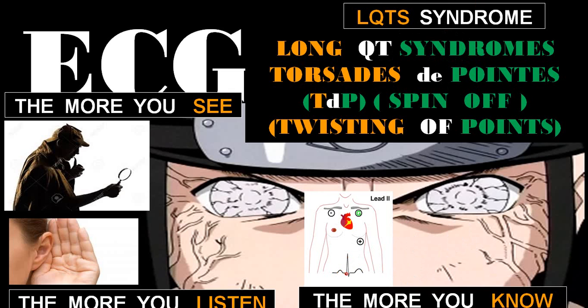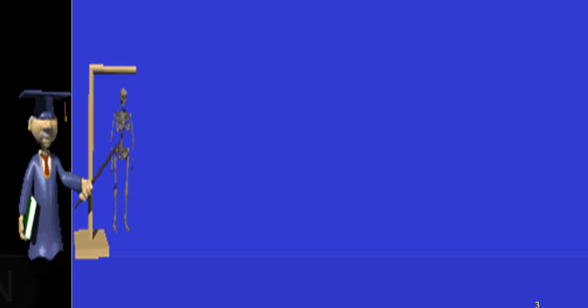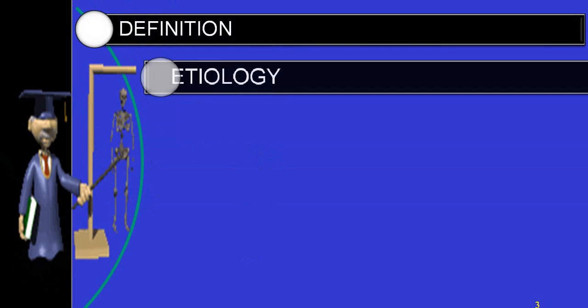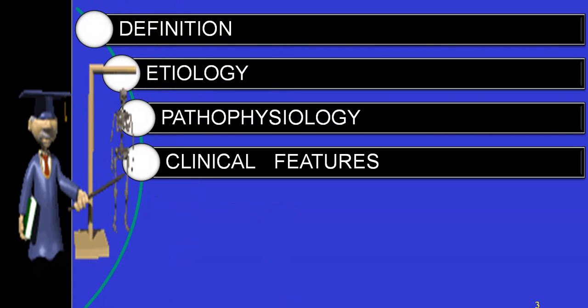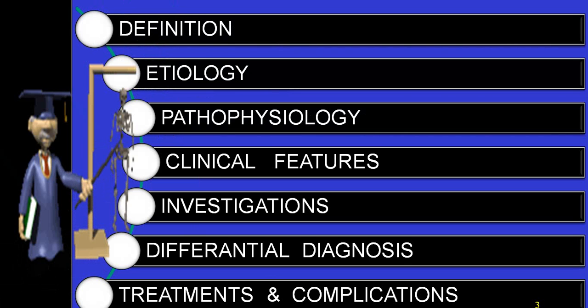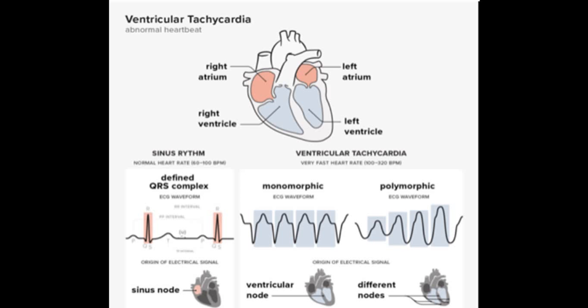From that point of view, we'll be discussing long QT syndromes and particularly Torsades De Pointes, under the routine headings: definition, etiology, pathophysiology, clinical features, investigations, differential diagnosis, treatment and complications. First, I'll be talking a little bit about some terminology regarding ventricular tachycardia.